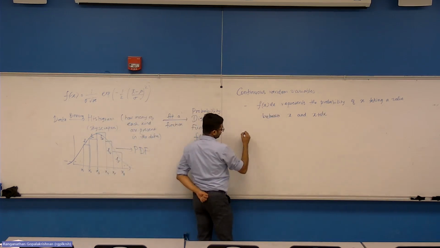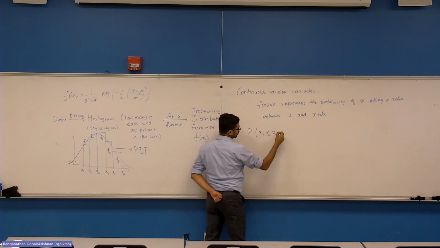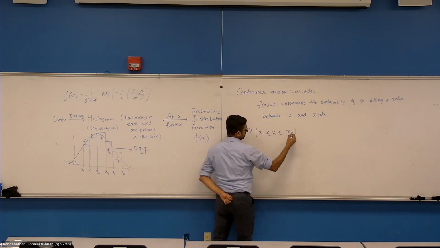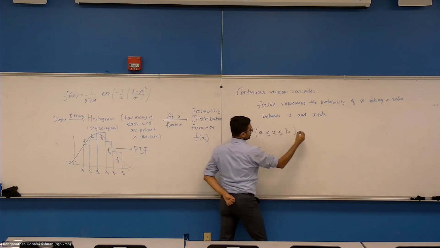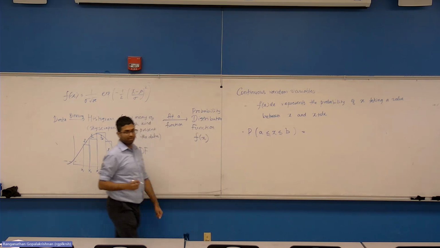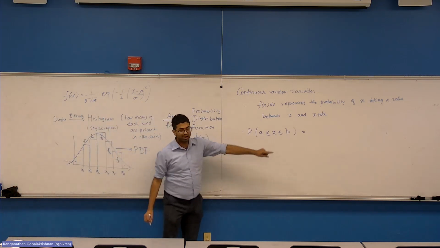And if I want to know the probability that x takes a value between x1 and x2, or say a to b, that would be, do you recall from last lecture? What is the probability of x taking a value between a to b?